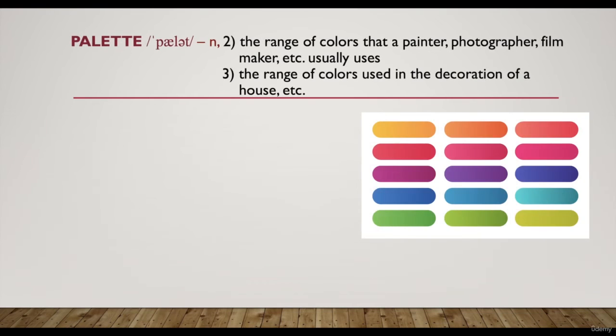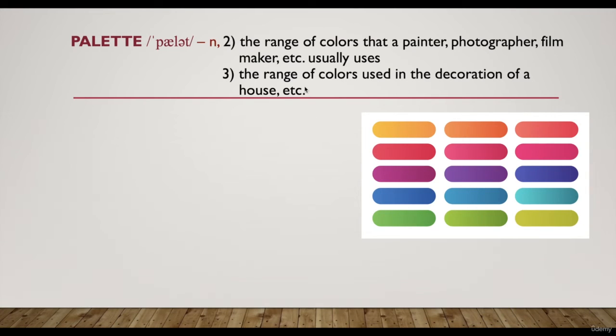The word palette has several meanings, the second being the range of colors that a painter, photographer, filmmaker, etc. usually uses. So for example, in this picture you can see a range of colors, and they might be typical of a particular painter or photographer or filmmaker. So these professionals can prefer some colors or ranges of colors.